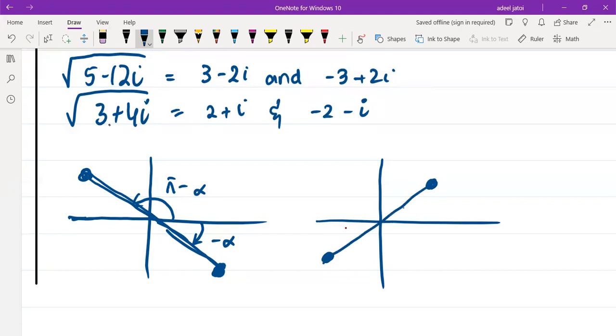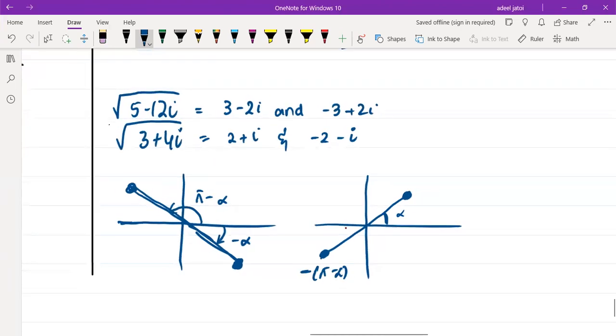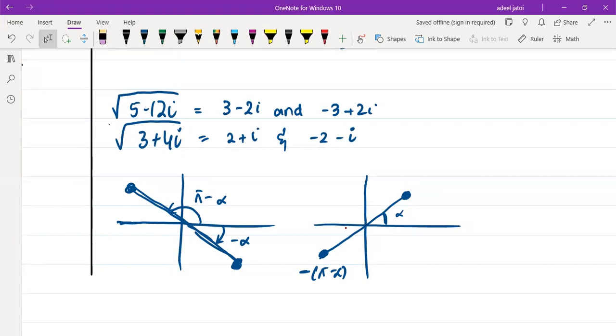The angle of this is itself alpha, and for the other we will be doing minus pi plus alpha. So whenever we have a square root, considering that 3 minus 2 iota comes under the fourth quadrant, the second root of this will come under the second quadrant. If 2 plus iota was in the first quadrant, then the second root will come in the third quadrant. So this is the normal concept when we have a square root of a complex number.